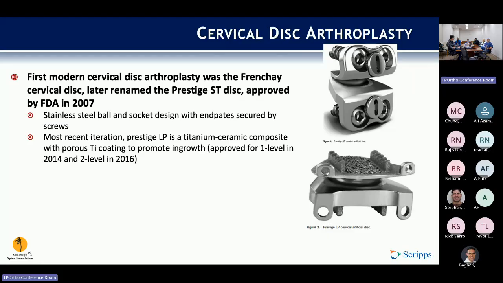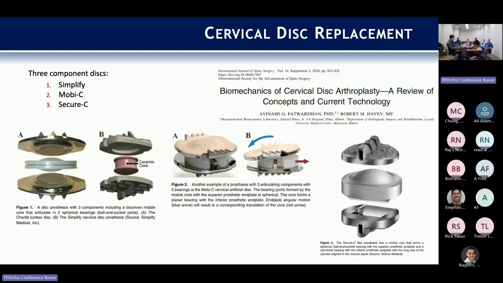And they included titanium ceramic composites along with coating to improve the ingrowth of it. And so disc replacements are categorized by how many pieces they're made out of. The 3-piece discs are Simplify, Mobi-C, and Secure-C.